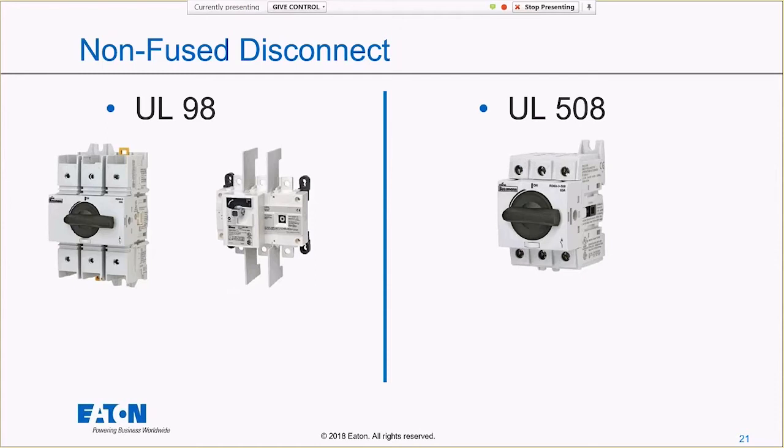Everything else is all about whatever is upstream from it. But with a non-fuse disconnect, you are allowed to use downstream fuses. That's really just for obvious maintenance purposes. You don't want the fuses to be the first thing in the panel that cannot be isolated. So it is the only device where I'm allowed to use trailing fuses to increase short circuit current rating.